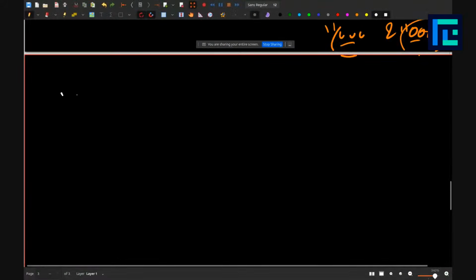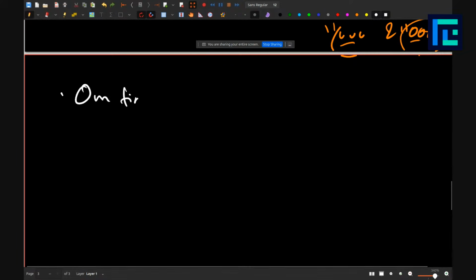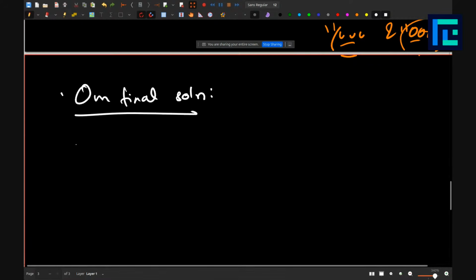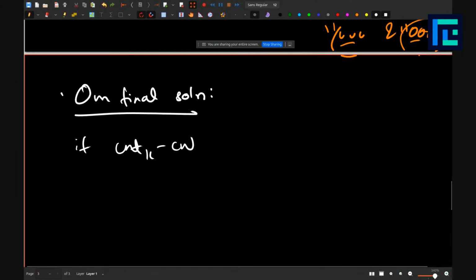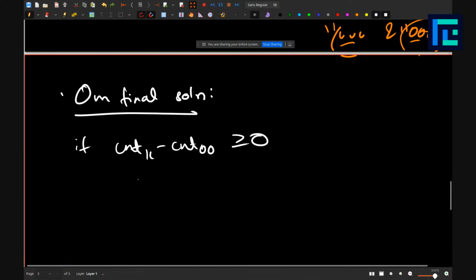So what is our final solution? It's going to be just basic maths, right? Since we can increase this quantity by +2 each time, if count 1 1 minus count 0 0 is greater than equal to 0, answer is equal to 0.